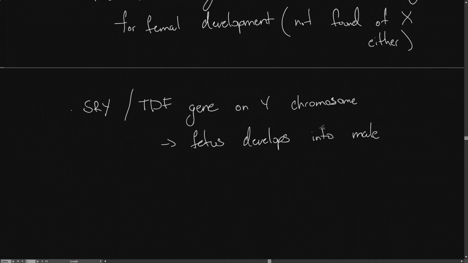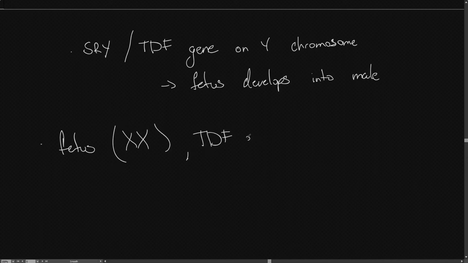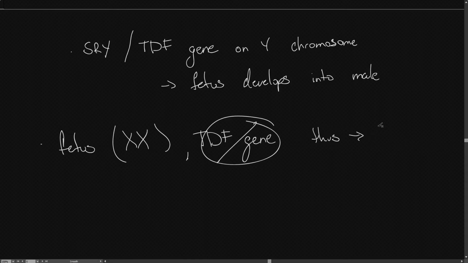And specifically, one of the things that happens is that when a fetus has two X chromosomes, it will not have this TDF gene, and because of this, it will be female.